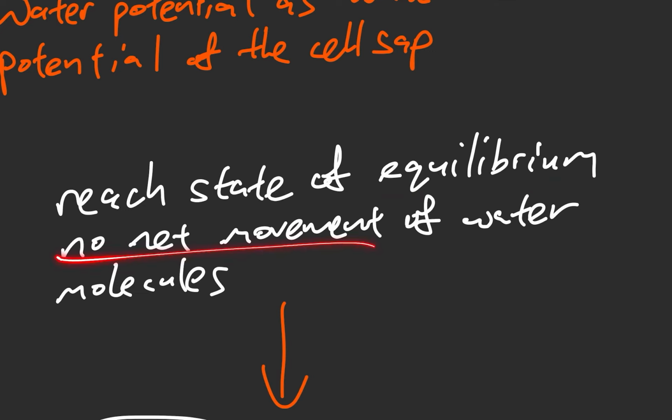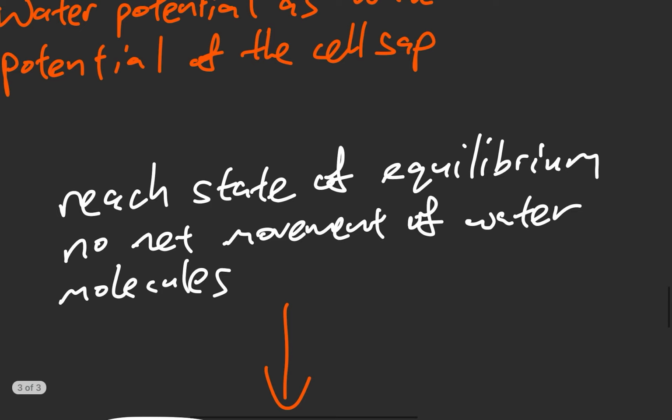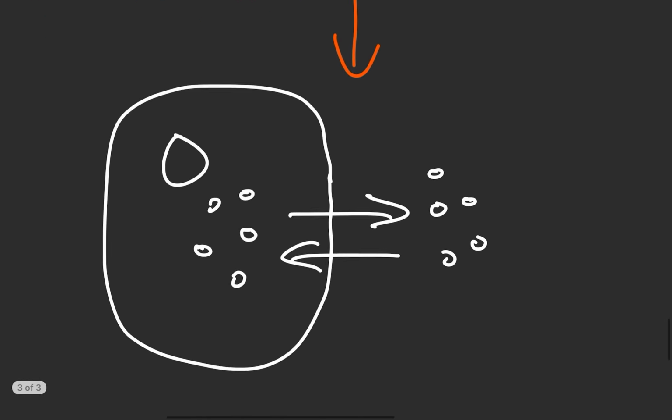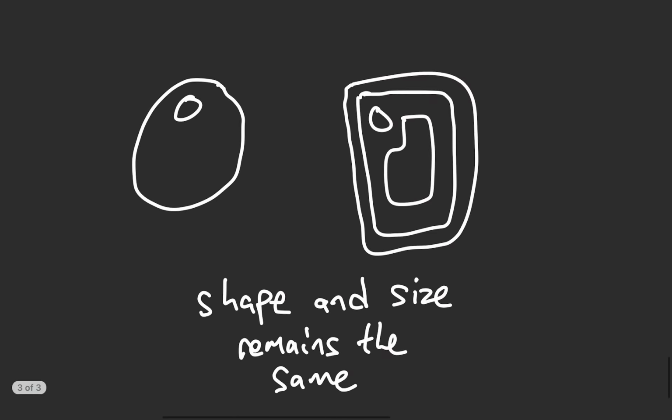Now, when I say no net movement, it does not equate to no movement of water molecules. There are still water molecules moving in and out of the cell to the solution, but the number of water molecules going into the cell is the same as the number of molecules going out of the cell into the solution. So with this knowledge, we can say that the shape and size of the cells will remain the same.